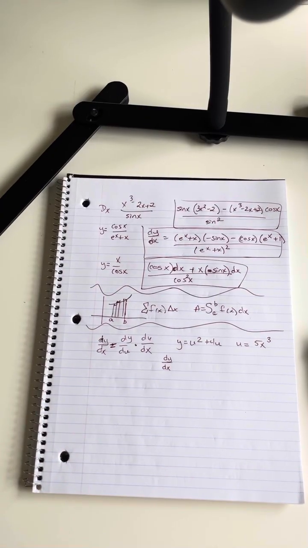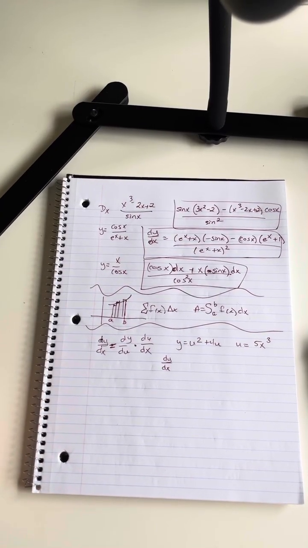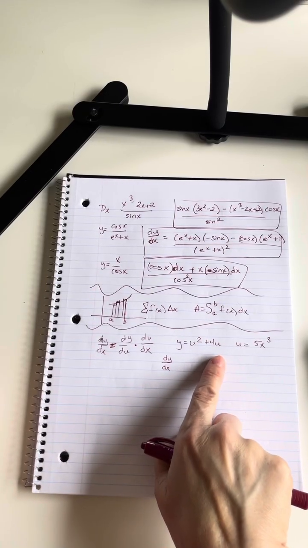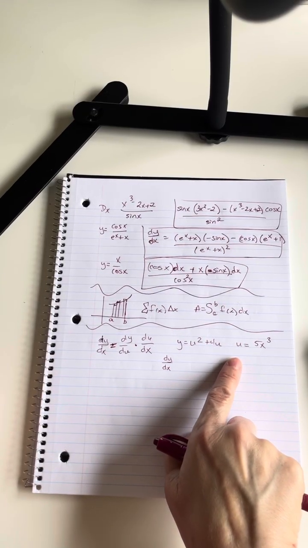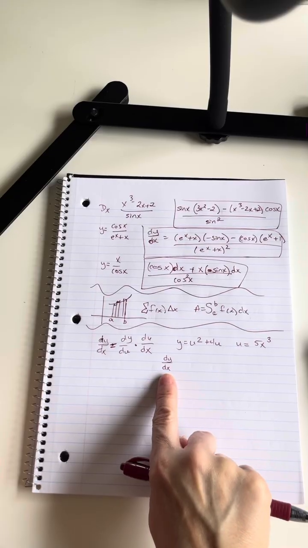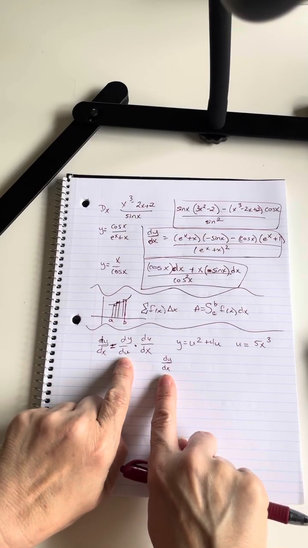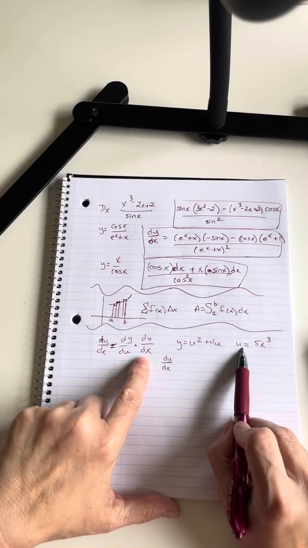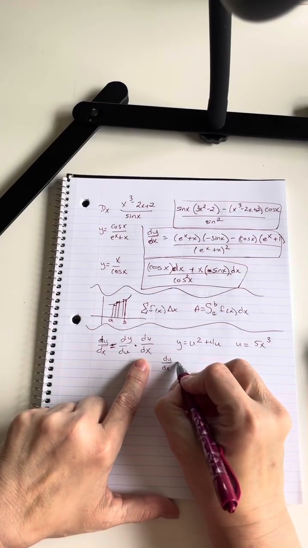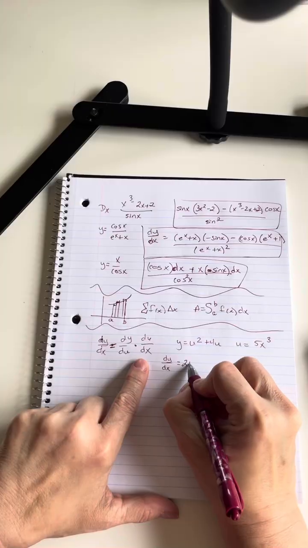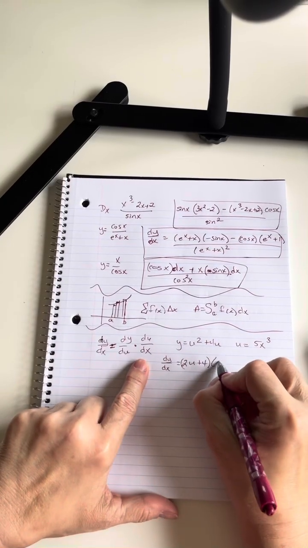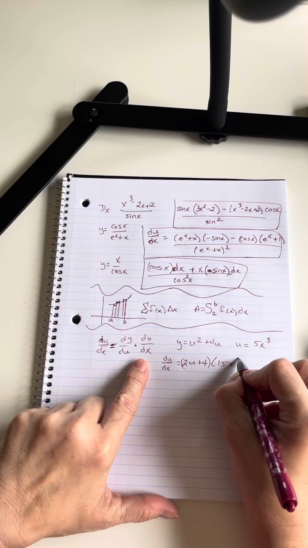So knowing that, in example 1, it says, if y equals u squared plus 4u and u is 5x cubed, find dy over dx. So to do that, we're going to follow deriving this part and then deriving the u part. So that's going to give us 2u plus 4 multiplying with the 15x squared.